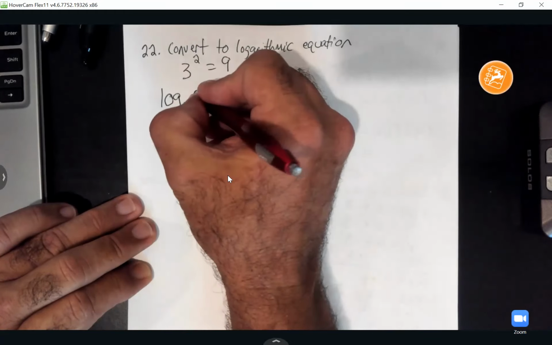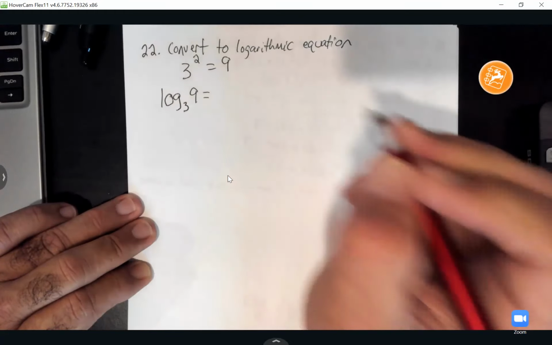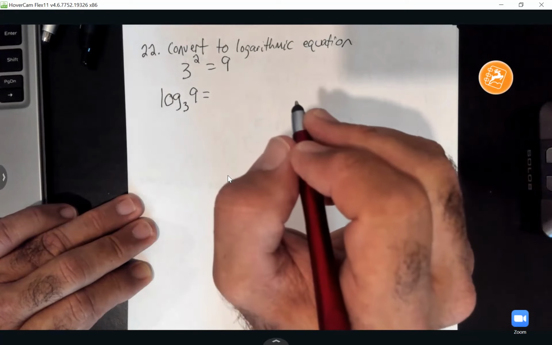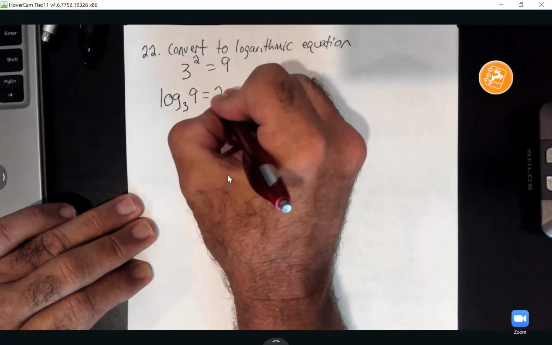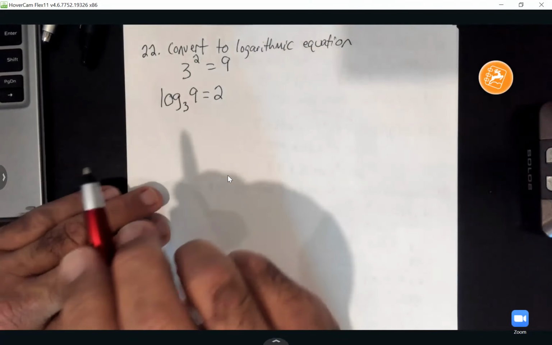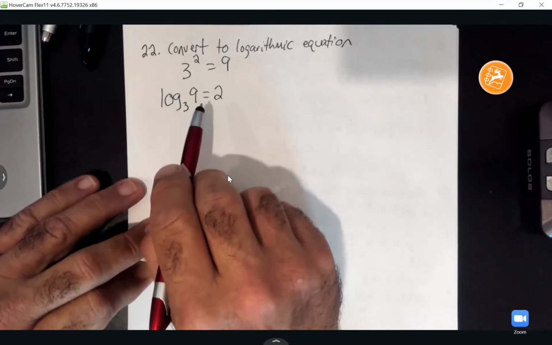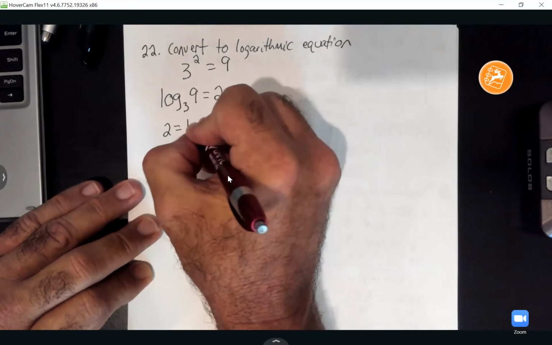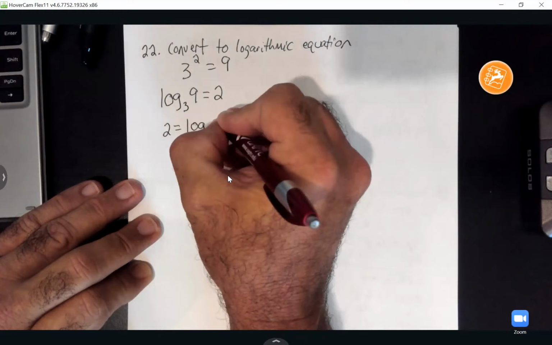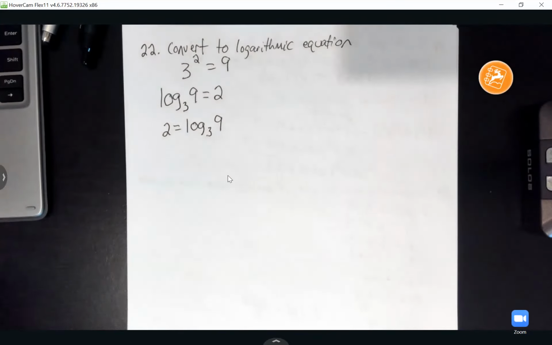What's the result going to go right here? 9. And then that's going to equal your exponent of 2. There you go. Now, y'all, the only thing they did on the MyMathLab on this one, they put the 2 first and then equals log 3 of 9. So let me show you.